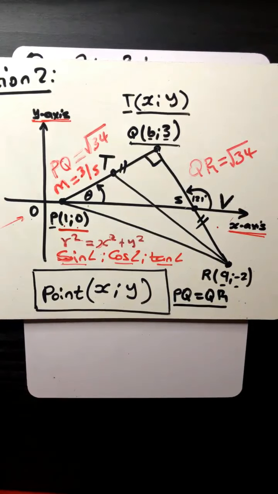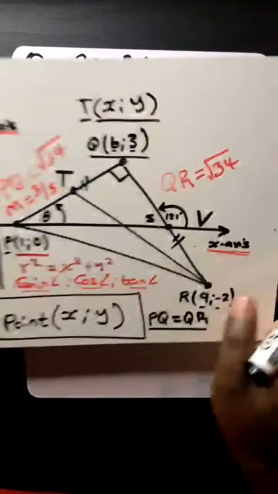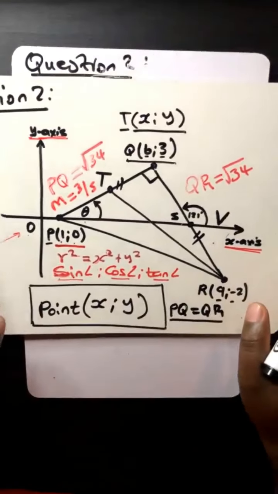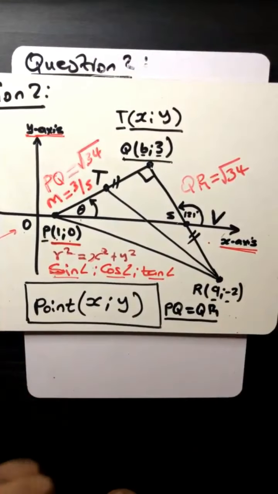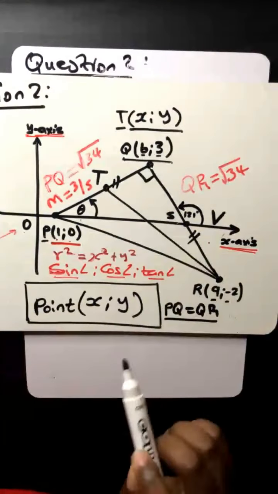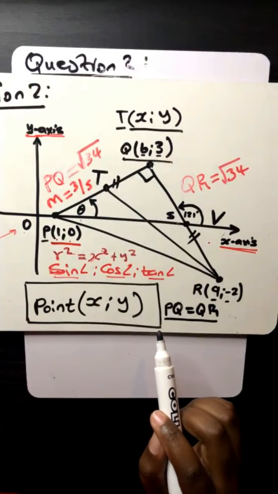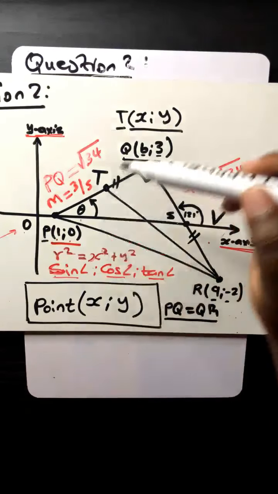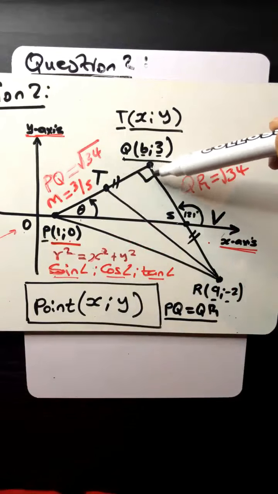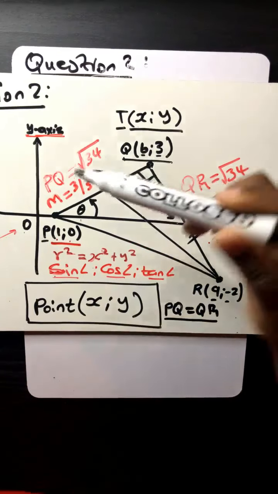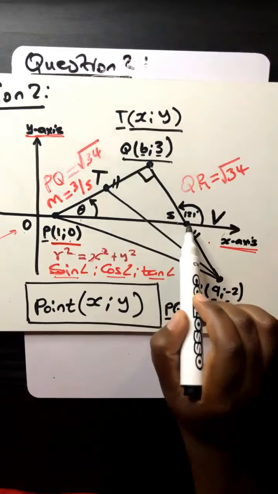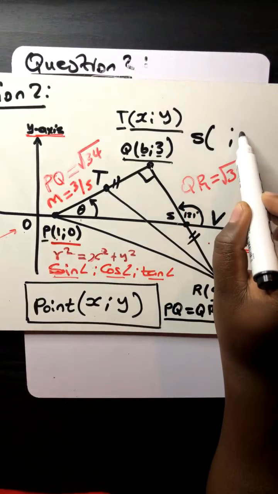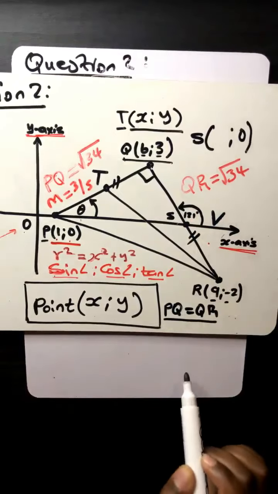So ladies and gentlemen, in short, what is being said over there is that always, when you have 2 points, you can determine an equation of the line between those 2 points. Then already you know that at point S, X is unknown, but Y is 0.